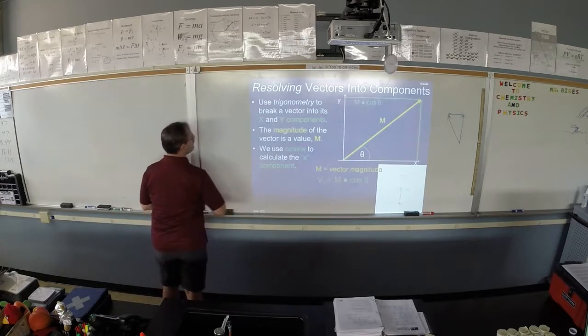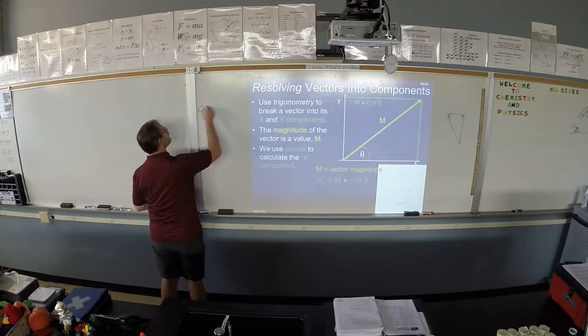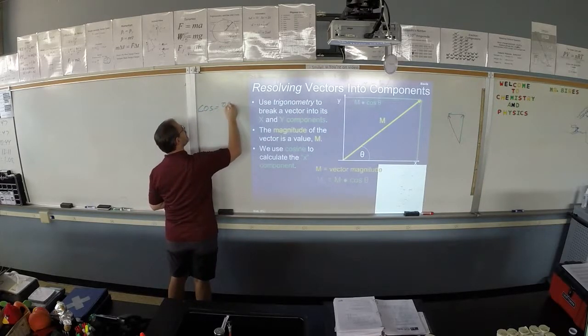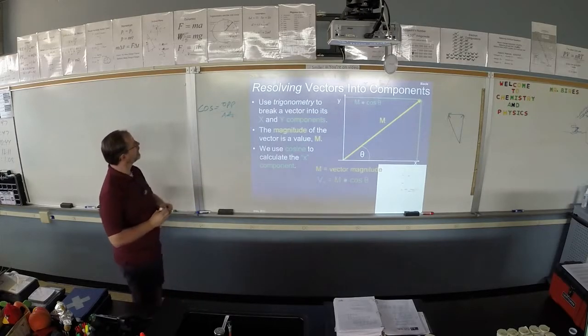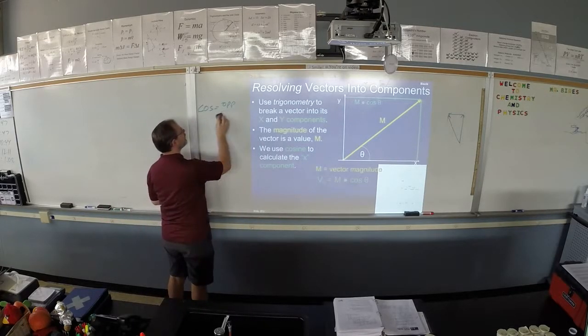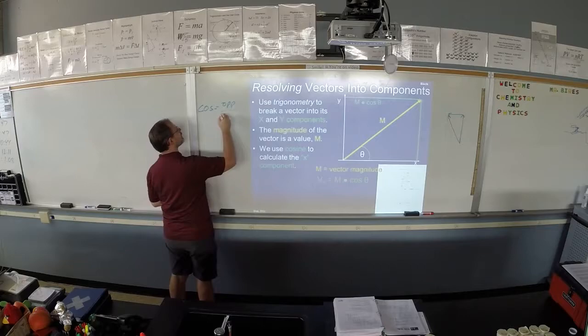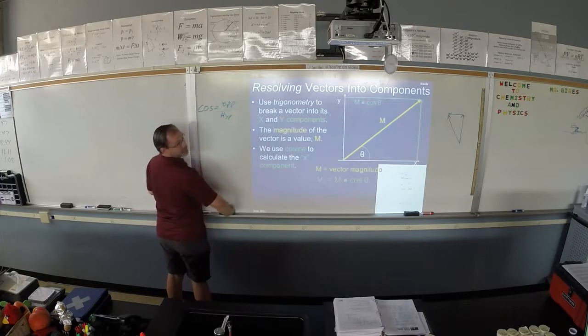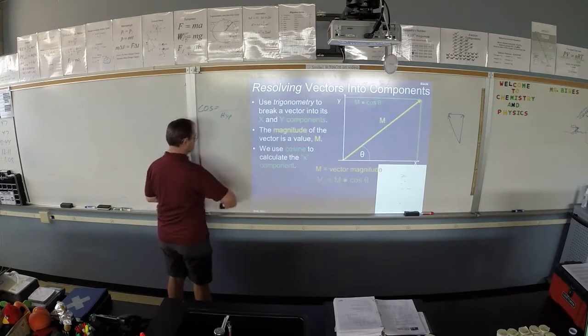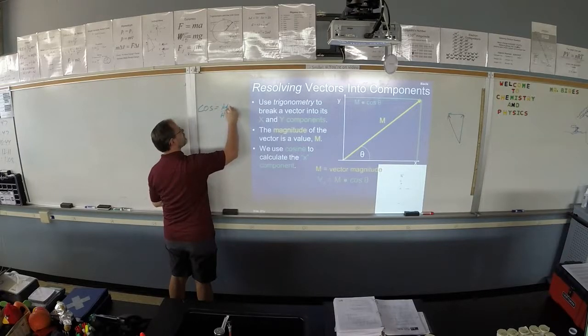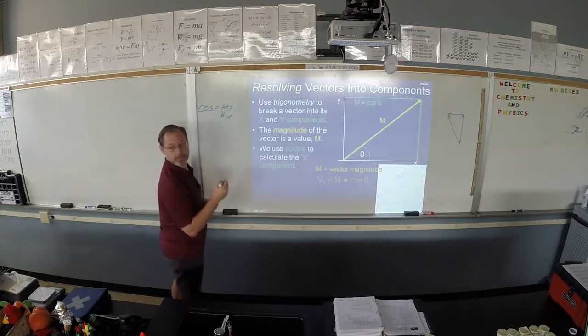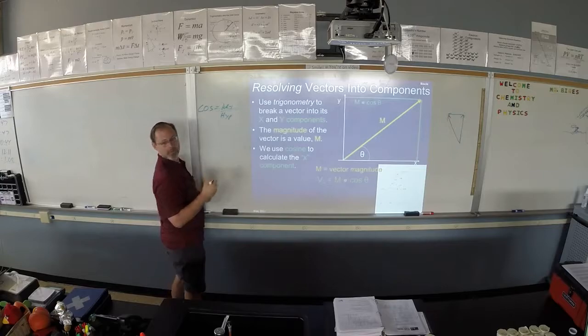What is cosine? Adjacent over hypotenuse. Yeah, that's correct.